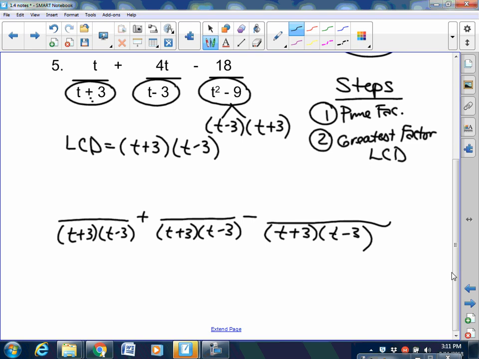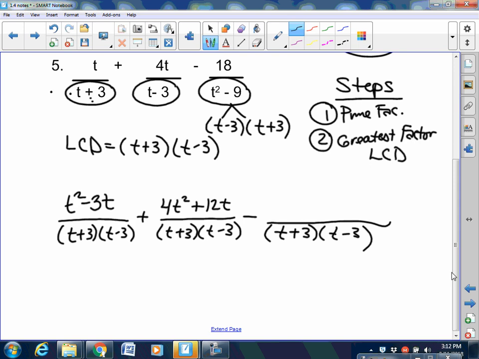You compare the old denominator and the new one, and do you see the difference between the two? What are they missing? T minus 3. So can we do this in our head? Isn't it going to give us t squared minus 3t? This little guy is missing, what is this one missing? T plus 3, which gives us 4t squared plus 12t. I think I did that right.